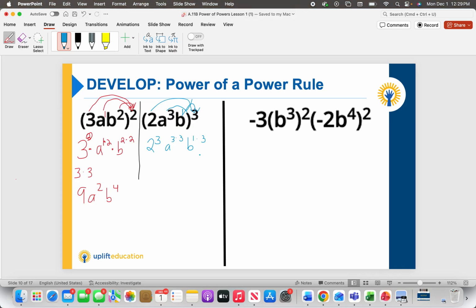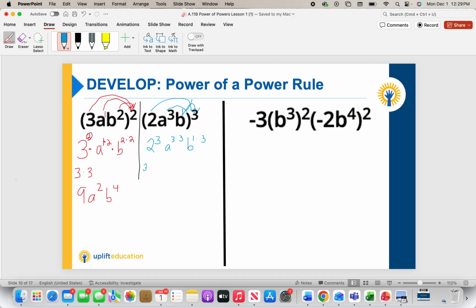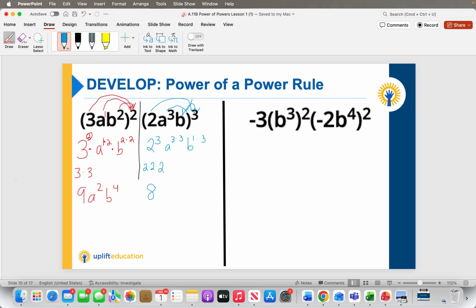So it's just an invisible 1. So 2 to the third power, just like 3 to the second power, is telling us how many times to multiply. So it's saying 2 times 2 times 2, which will give us 8. 3 times 3 will give us 9. And 1 times 3 is going to give us 3.